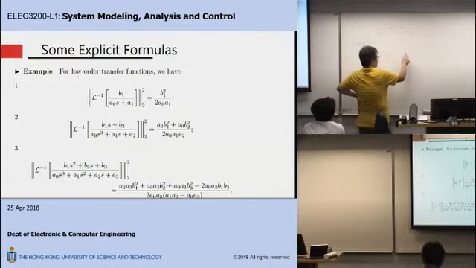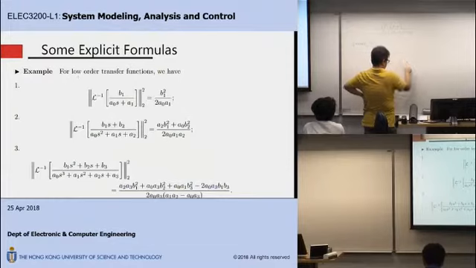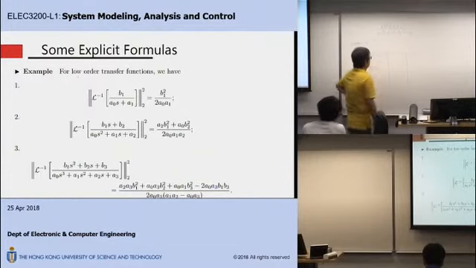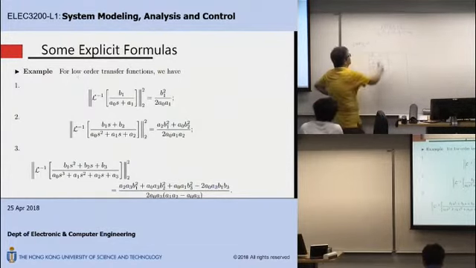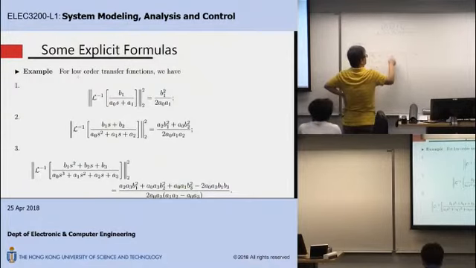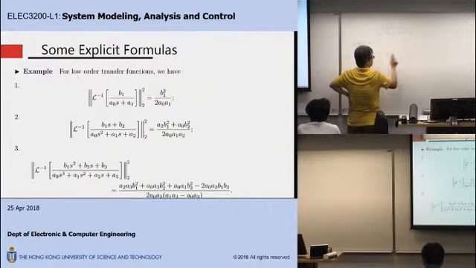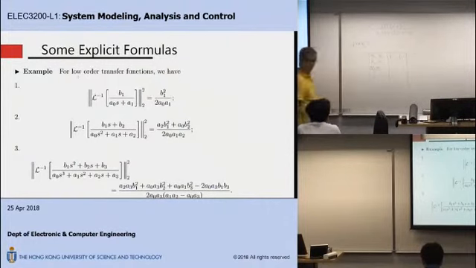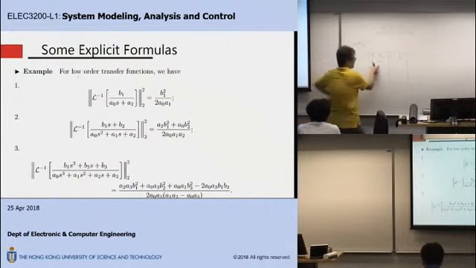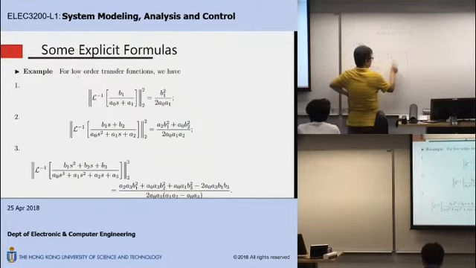Then you try to get the augmented Routh table part. B1 goes here, B3 goes here. You move this over, A1, A3.